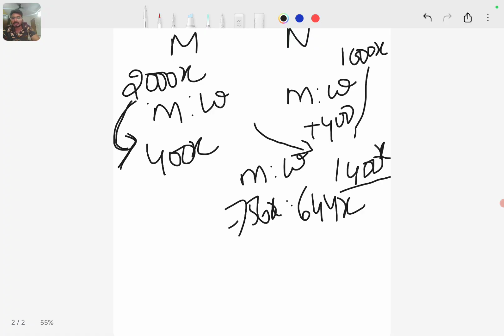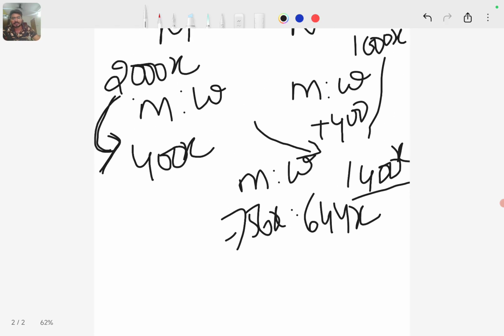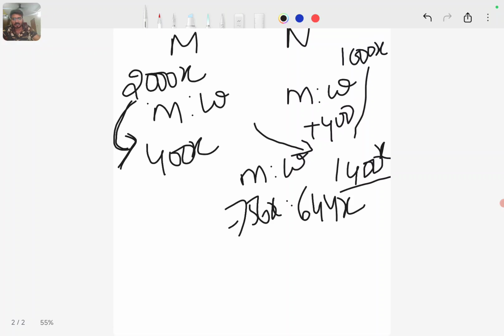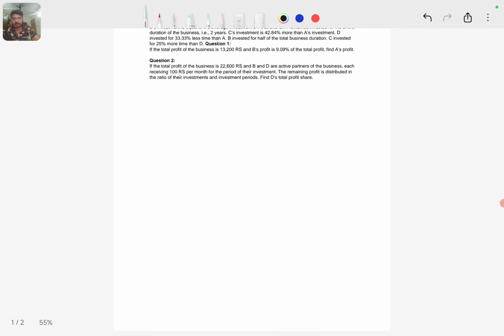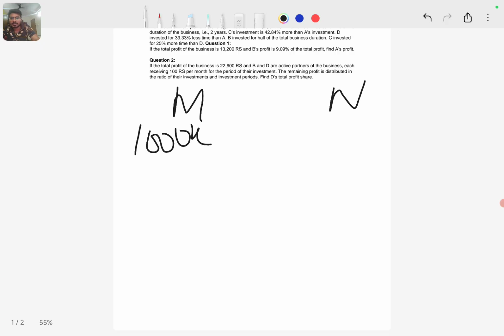Now it is asking about pouring 100% of mixture M into the mixture N. So here I am writing: M is having 2000x, N is having 1000x.